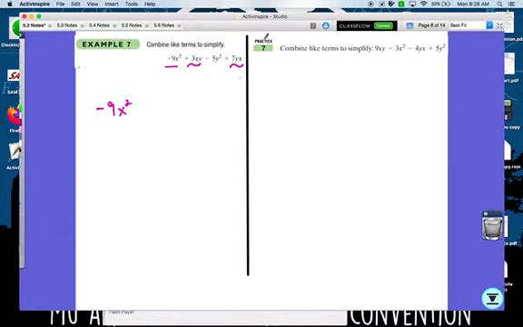And even though those are not in the same order, they have the same variable raised to the same exponent. They're both x to the 1st and y to the 1st, so I can put those together. So 3 plus 7 gives me 10xy. And I like to put it in alphabetical order. And then finally we have a y squared, so minus 5y squared.